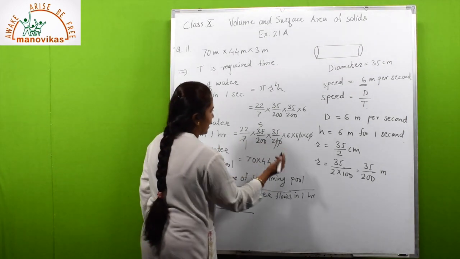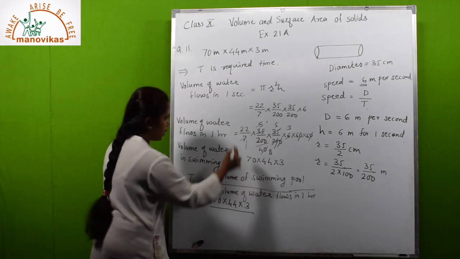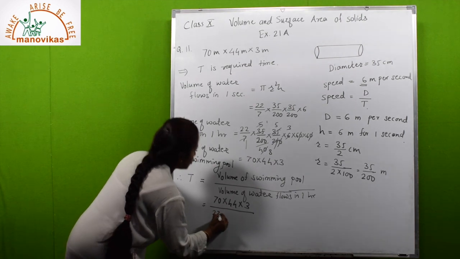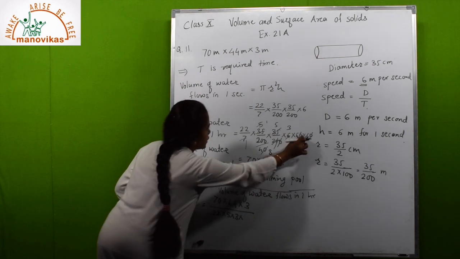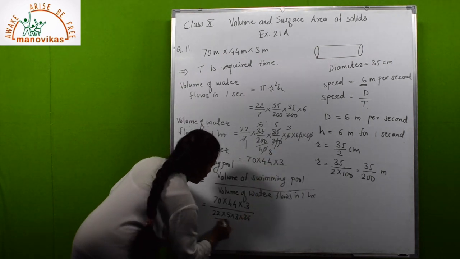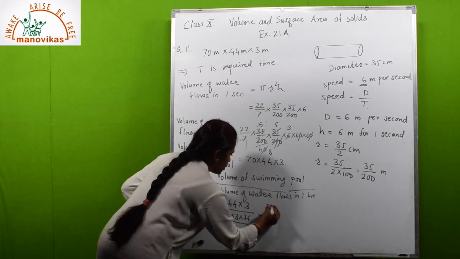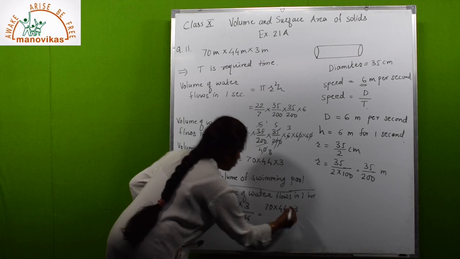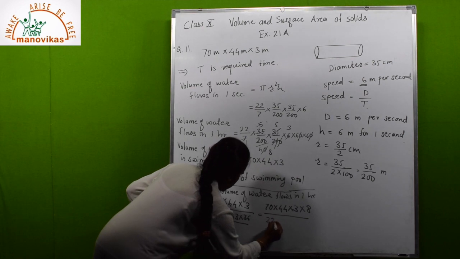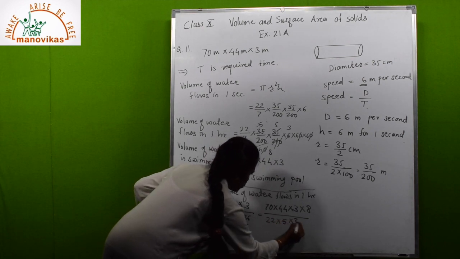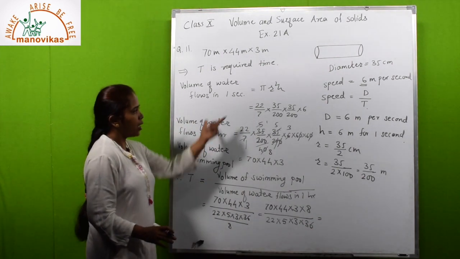Here also you can cancel the terms. 2 here, 2 again, you get 22 into 5 into 3 into 6 into 36 divided by 8. That is equal to 70 into 44 into 3 into 8 divided by 22 into 5 into 3 into 36, and this time will be in hours.